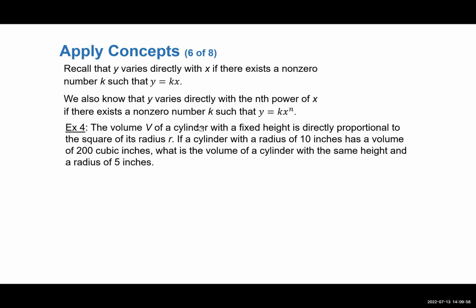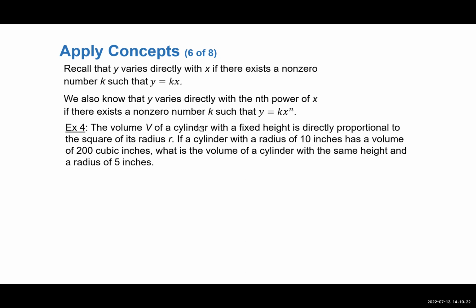So example 4 says the volume of a cylinder with a fixed height is directly proportional to the square of the radius. So volume is equal to k, like the fixed height, times the radius squared.